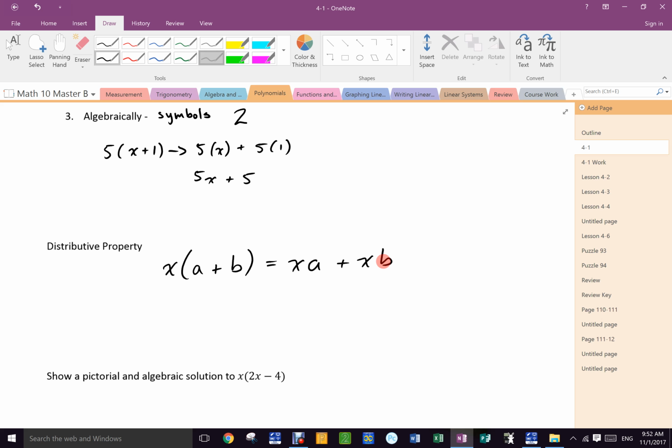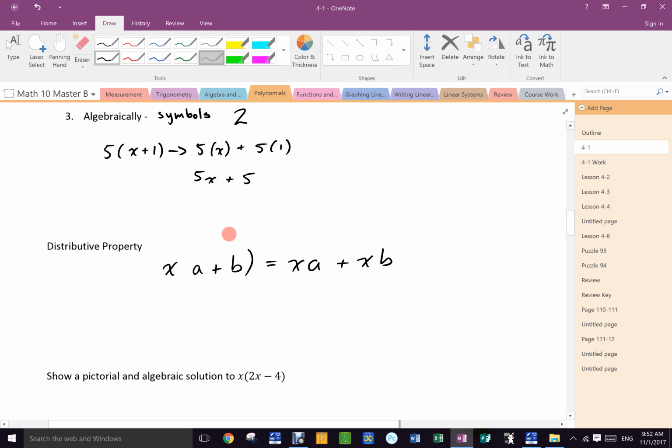Every kid gets it. It's no problem. The problem comes when we change the looks, like always. All right? Everybody's cool with that, yeah? That's what it's called, distributing, because that x goes to everything.